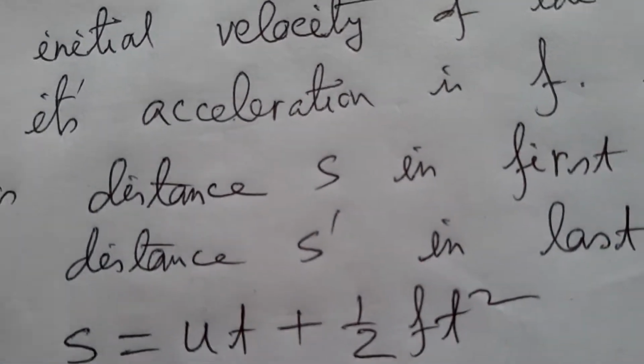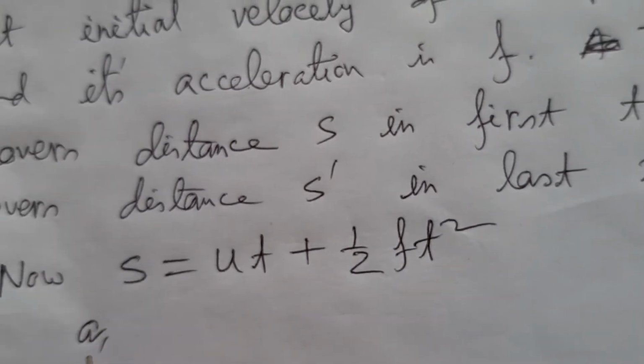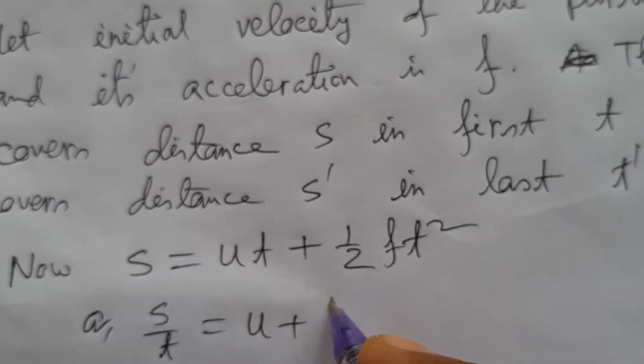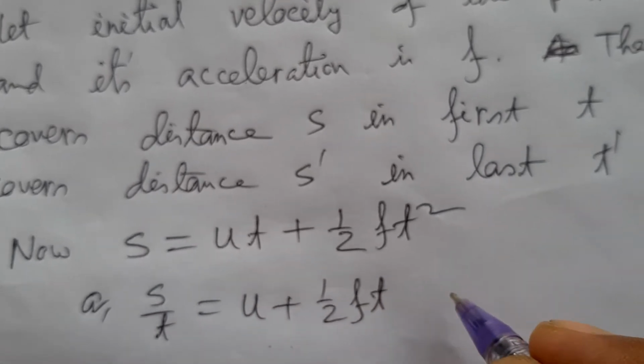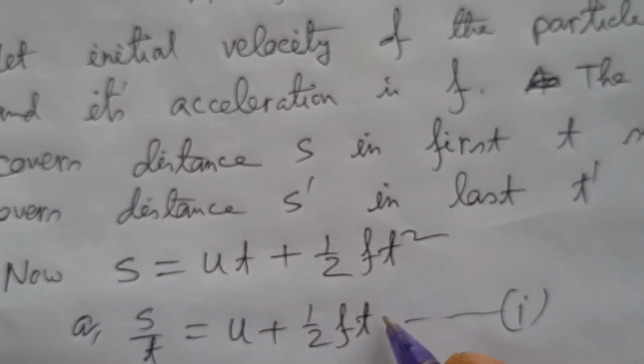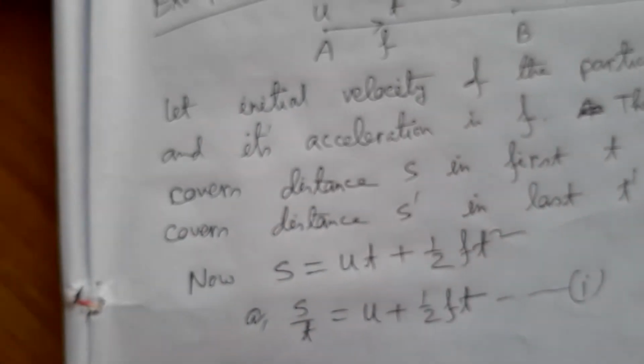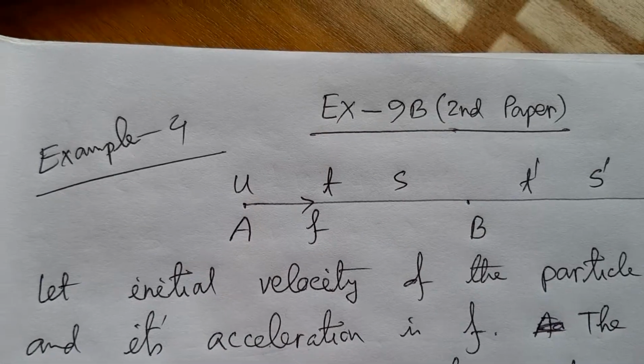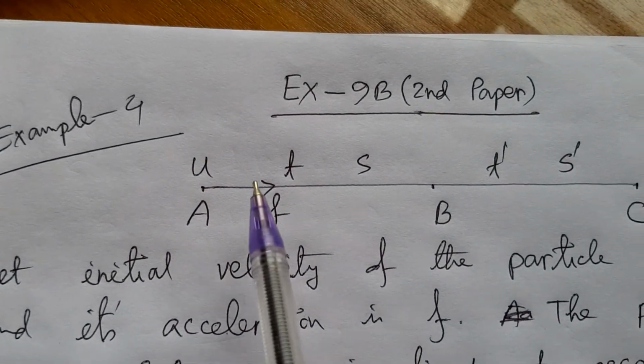So if we divide both sides by t, we get s by t is equal to u plus half of ft. This is equation 1. Again, here u is unknown.